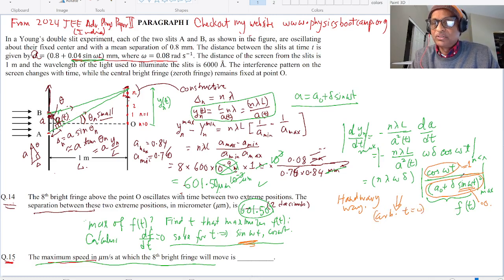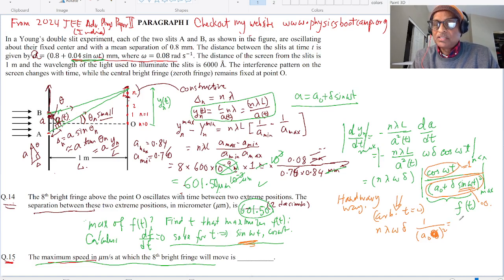What does t equal to 0 look like? t equal to 0 will be n lambda omega delta 1 over a0 plus delta square, a0 square, not delta, a0 square.